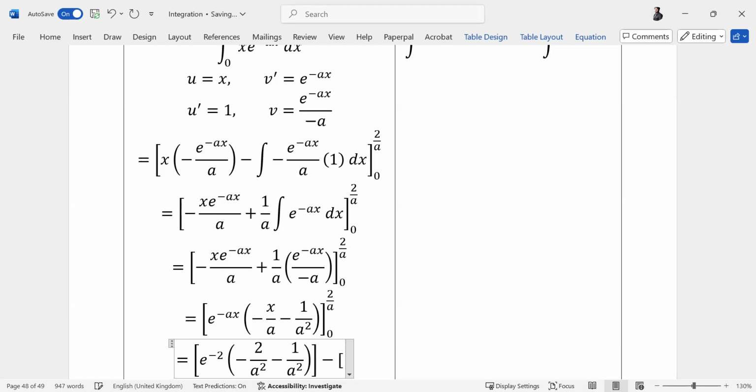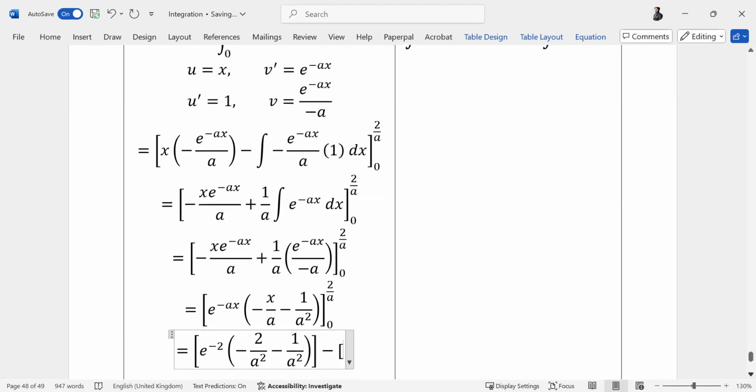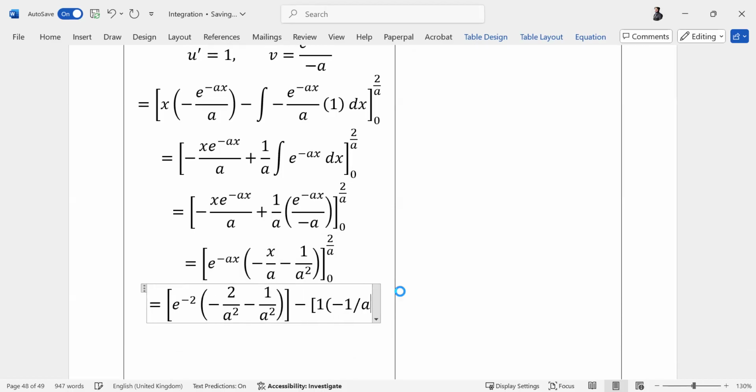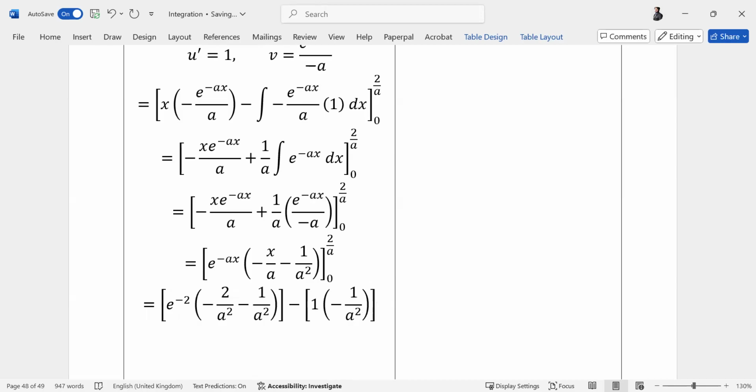And when you plug in the value 0, what do you get? 0 becomes 1. This is 0 and minus 1 upon a square. Is this right? So this is 1 over e square minus 3 over a square minus minus plus 1 over a square.